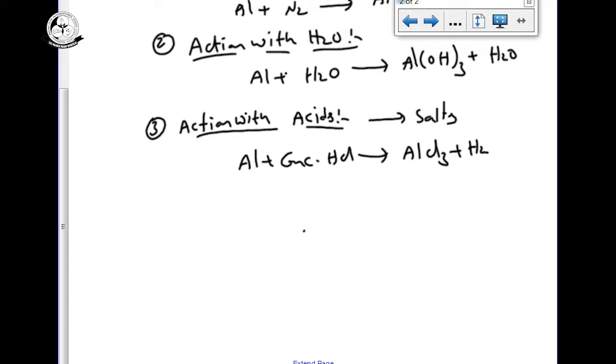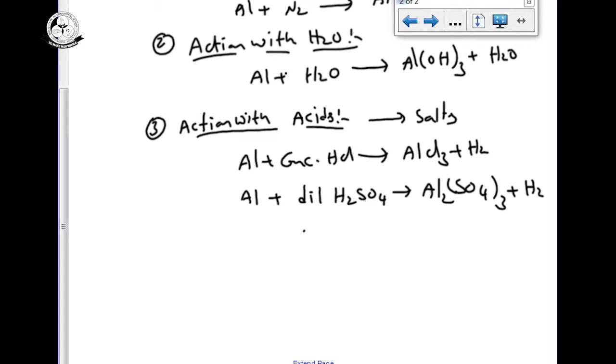Aluminium on reaction with dilute sulfuric acid gives aluminium sulfate, Al2(SO4)3, plus hydrogen gas.